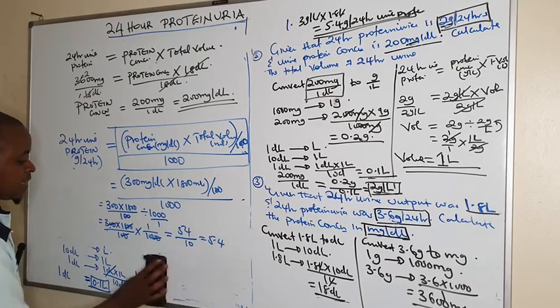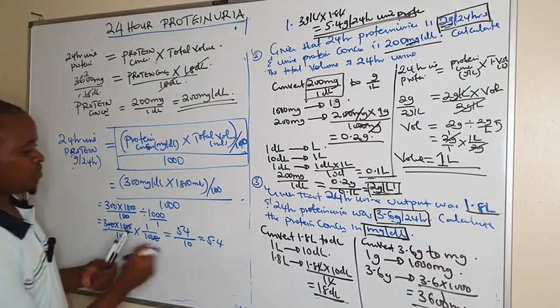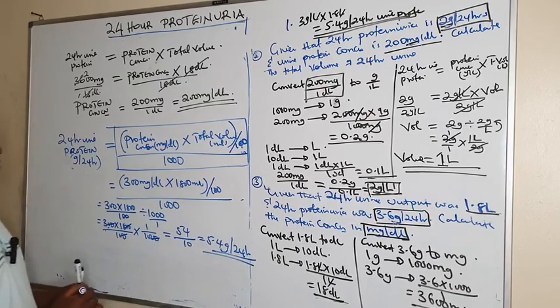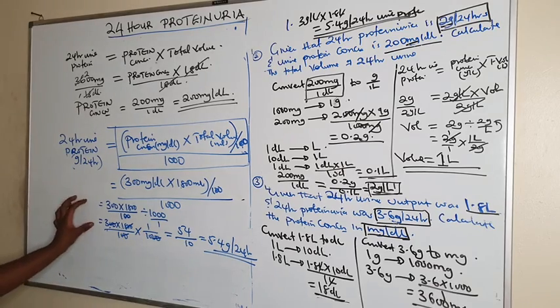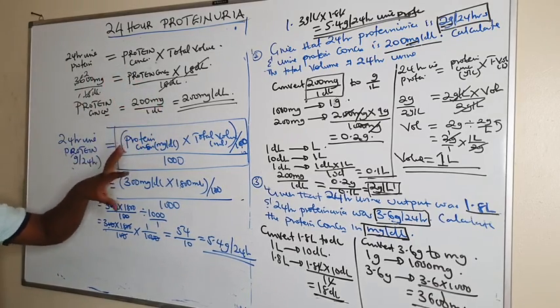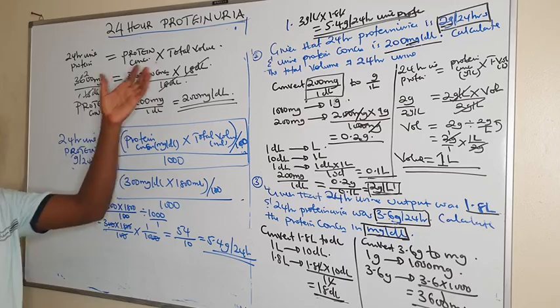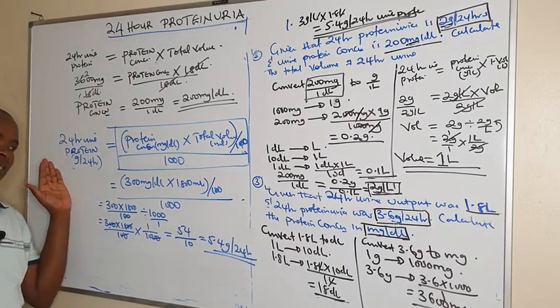But for better understanding, it is better to do it from first principles. This one will be in grams per 24 hours. So this is how you can do it if you want to avoid first principles, but it is not the best. We saw the first formula, and this is another formula for converting directly.